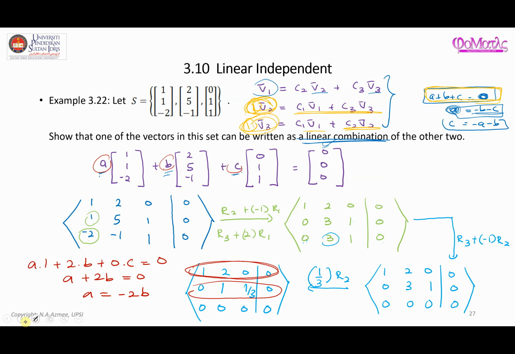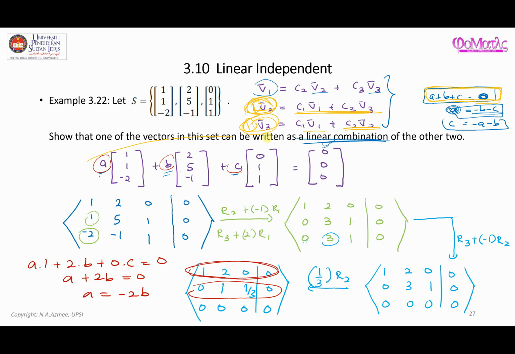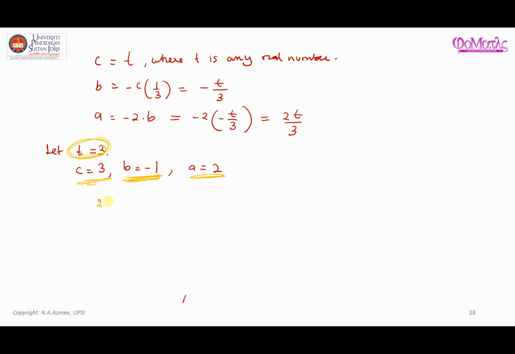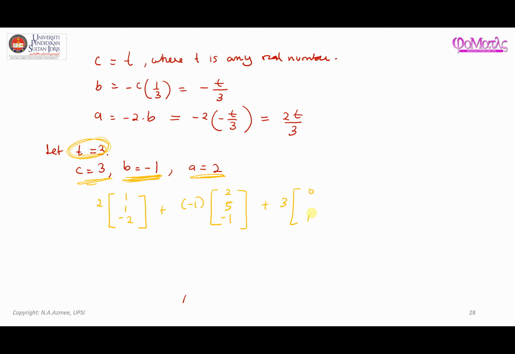Okay, so here if you see all the values given here, we can write this part here. So this part becomes 2 1 1 negative 2 plus negative 1 times 2 5 negative 1, and then plus 3 0 1 1, and this is equal to vector 0.